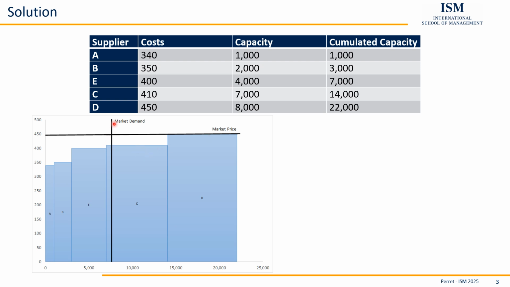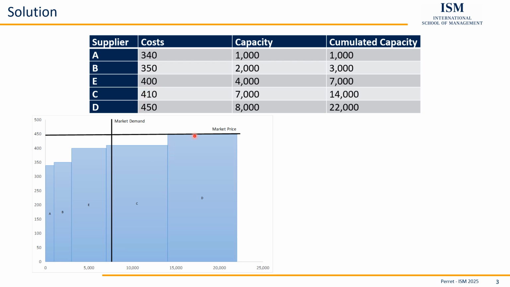Well, first, the market demand determines how many of my participants, of my suppliers, do I actually need to satisfy this market demand. And here I see, well, the first 3 and part of the 4th is what I need to satisfy market demand, and satisfy it in a way that it leads to the least costs. That's why I arranged them with increasing costs.